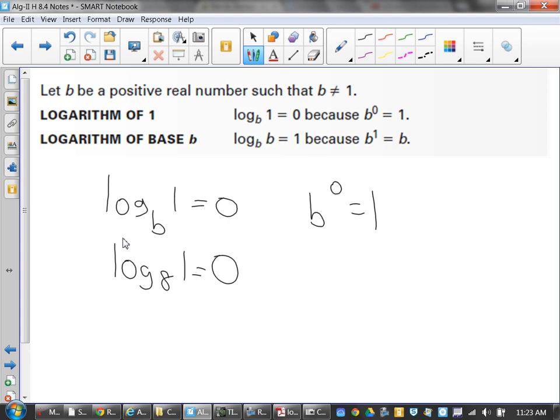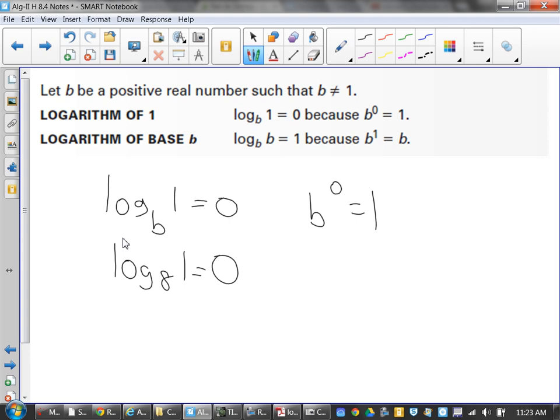In the log base b of 1, is 1 the base or the exponent? Is that what you're asking? If you put it back into exponential form, would 1 be the base or the exponent? Neither. It's the solution.